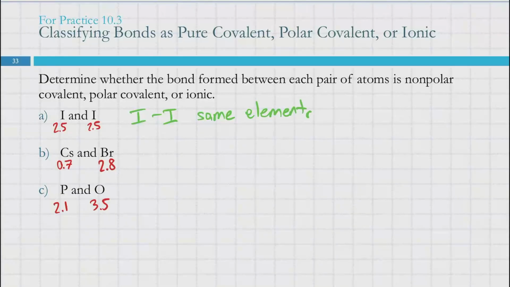So even without the electronegativity values, we should know they're going to have the same electronegativity value. So it has to be perfectly equal sharing. The sharing is equal, and that means that it is nonpolar or pure covalent.